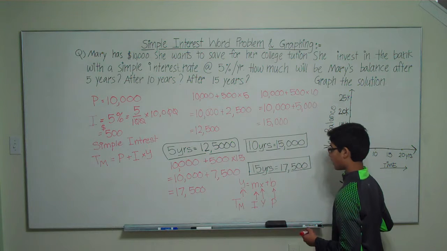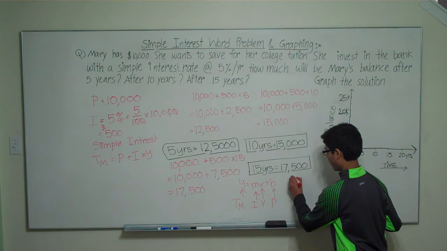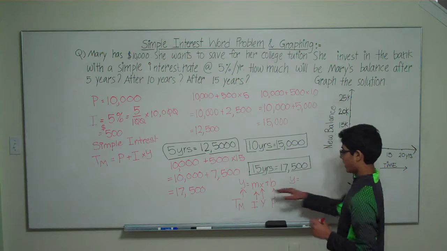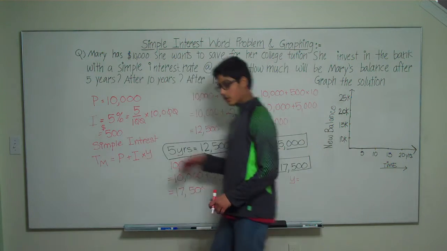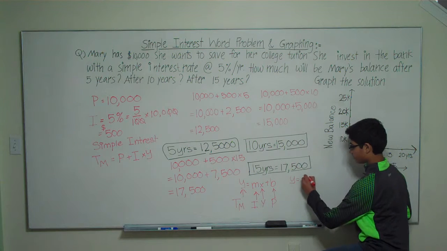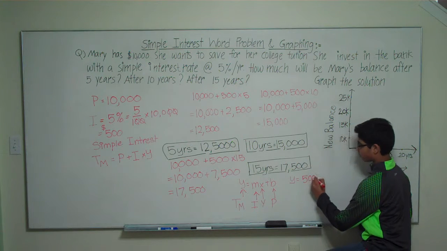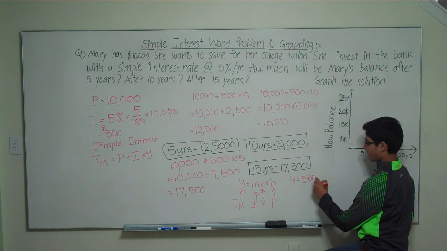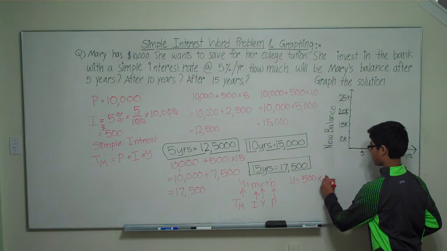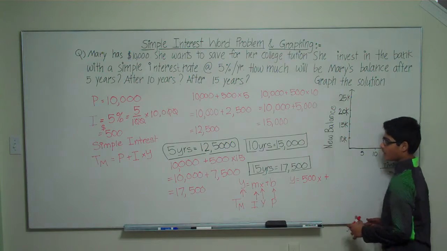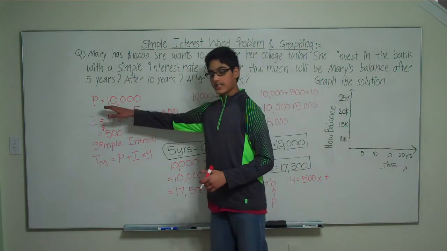So, the total money y is equal to m, which is the interest, which is $500, times x, which is the number of years, plus b, which is the principal amount, which is $10,000.